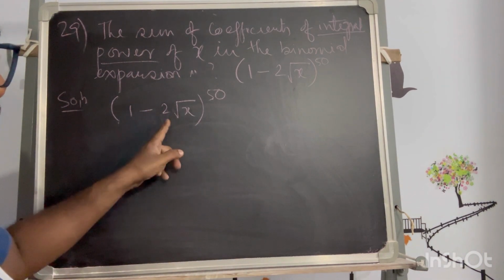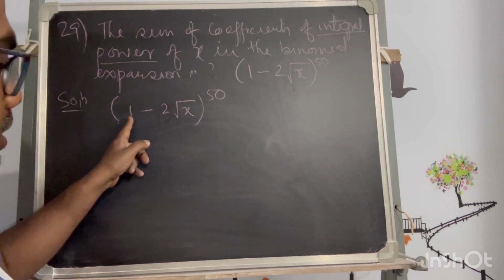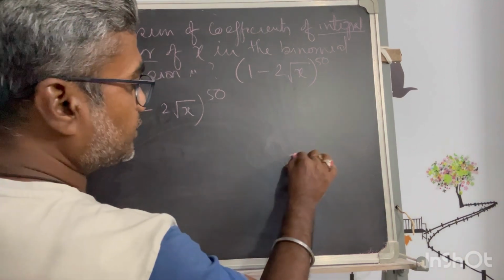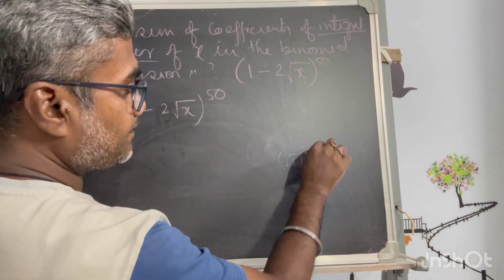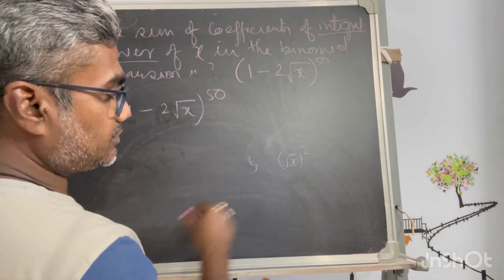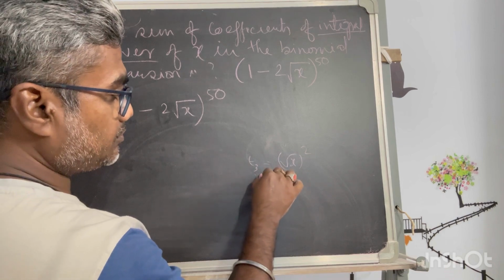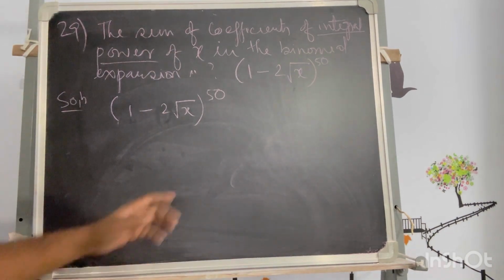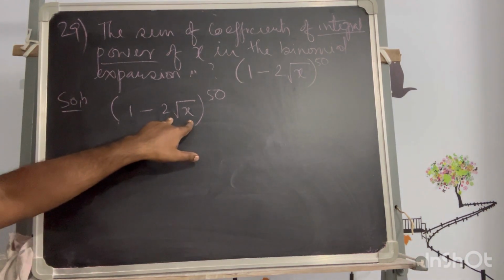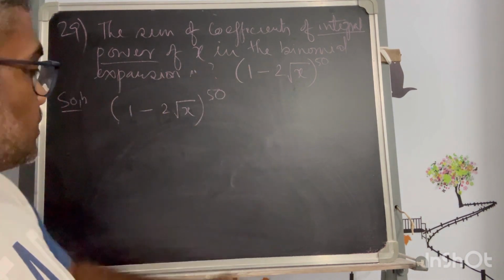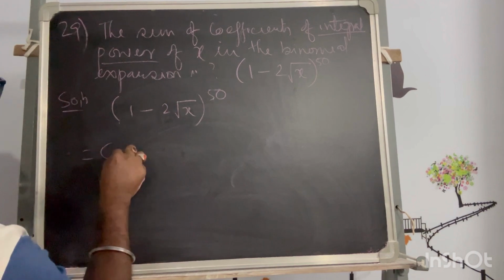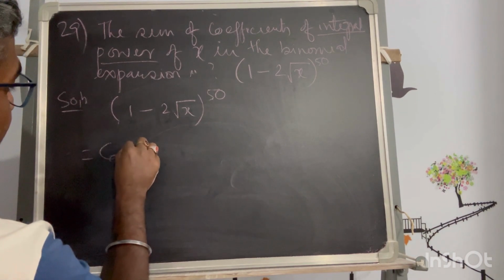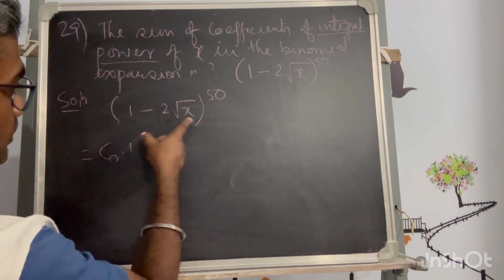Apart from that, all the odd terms, because the power of root x will come even. Let's say the third term, it will give you r plus 1 equals 2. So like that every odd term will give you the free form. But what is the expansion? If I expand it, this will be c0 into 1, because that will be free.